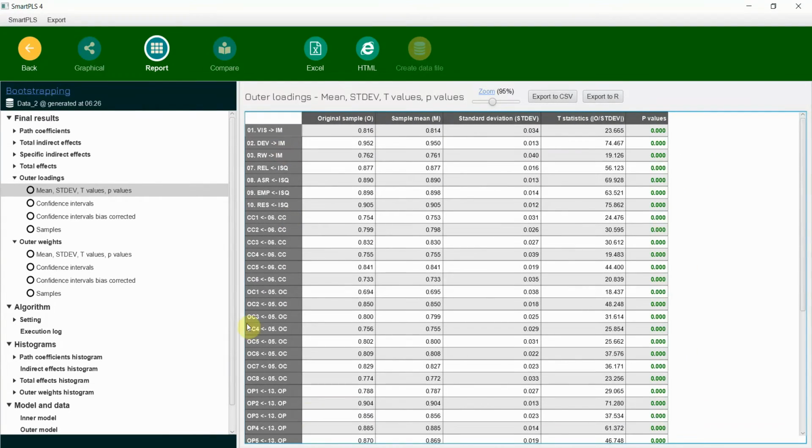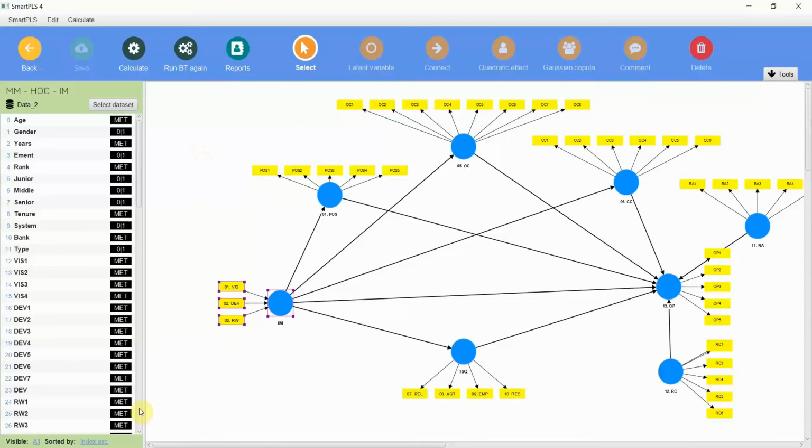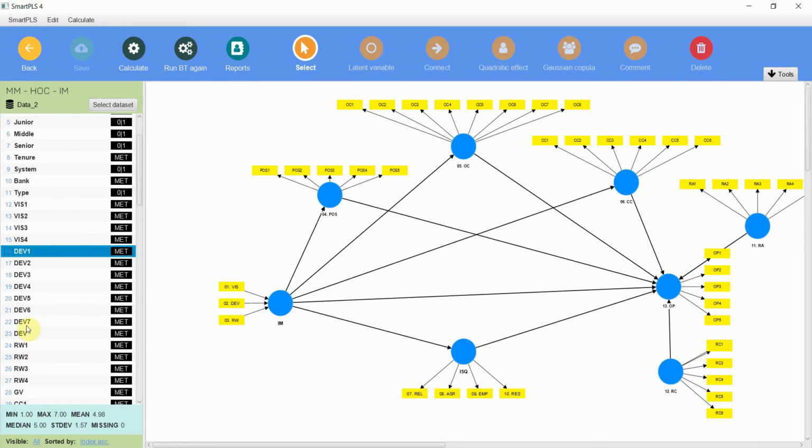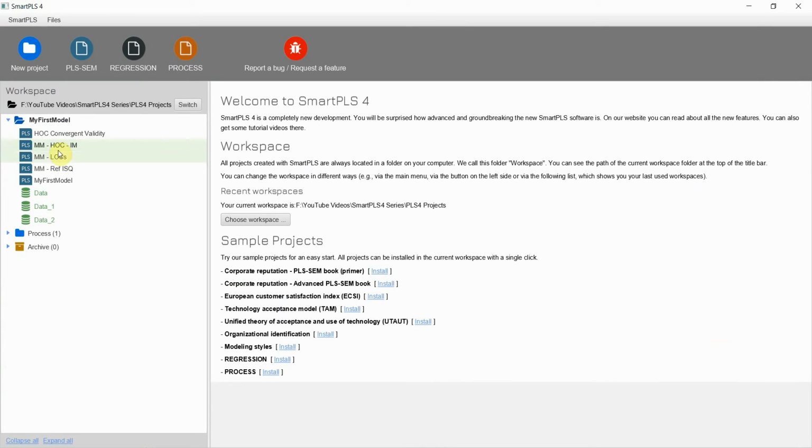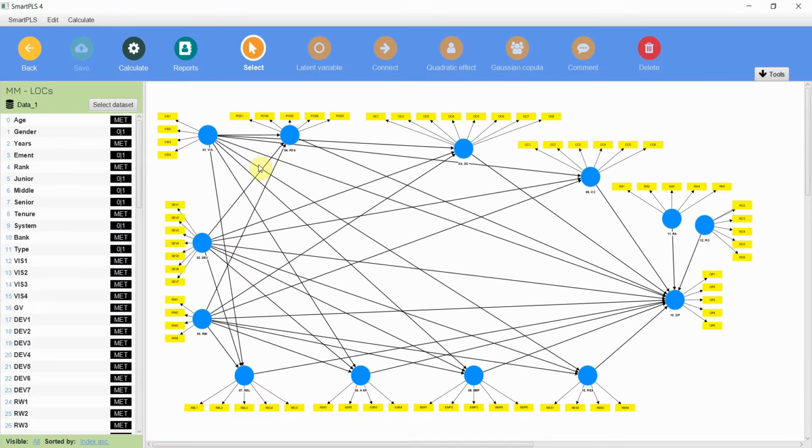Now a quick recap of how to validate your higher order construct. Now I know that internal marketing is my higher order construct that is measured using these three indicators. These three indicators at lower level are measured using multiple indicators here: vision, development, and then rewards. Now the first step, again, you have to validate them at the lower level like this.